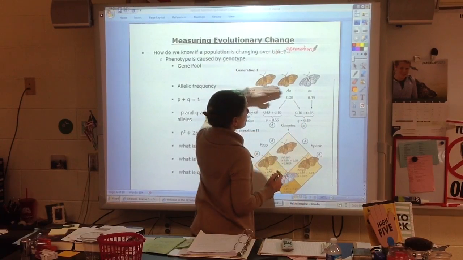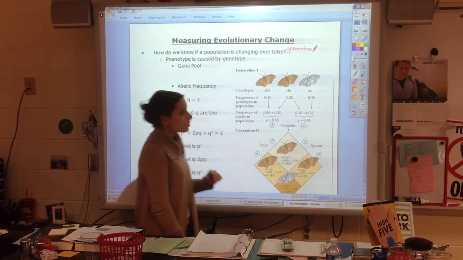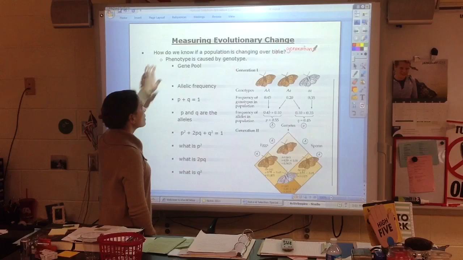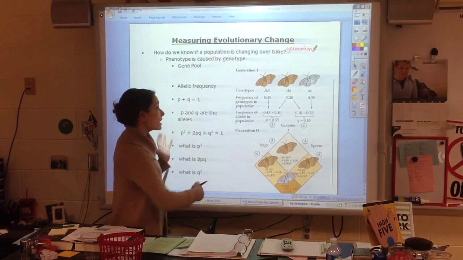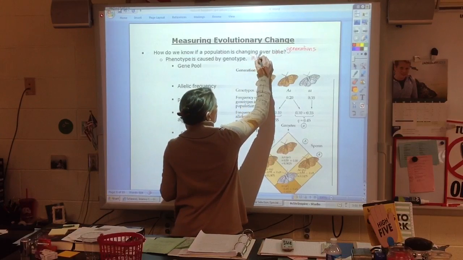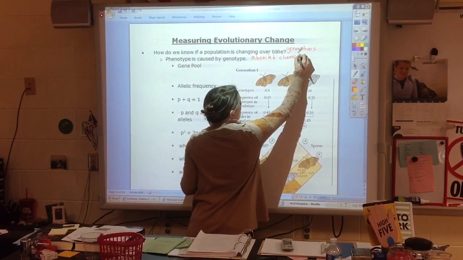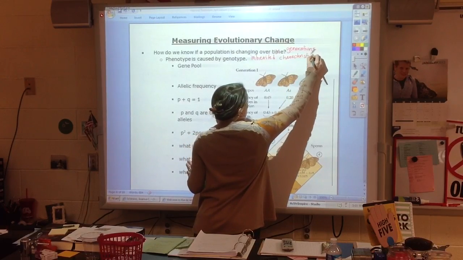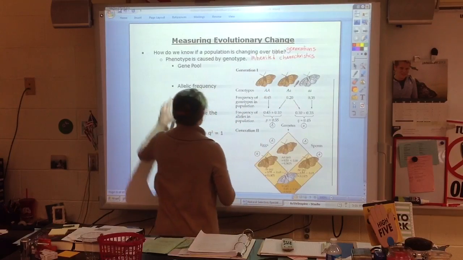But when the bird selects for phenotypes, we are actually also selecting for genotypes because the phenotype is caused by the genotype, at least in inherited characteristics. And this is why Lamarck's idea of acquired characteristics really doesn't show change over generations.